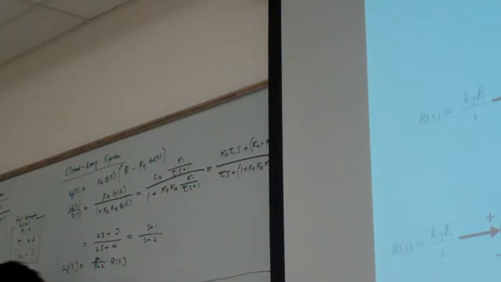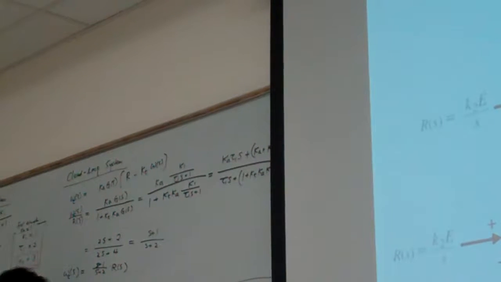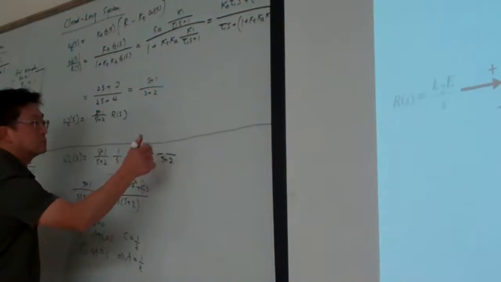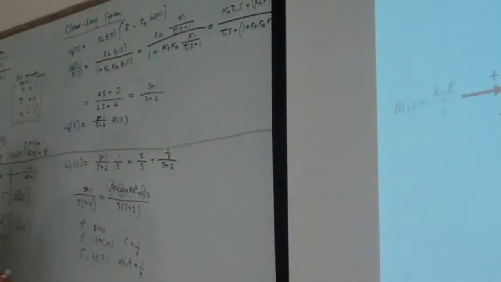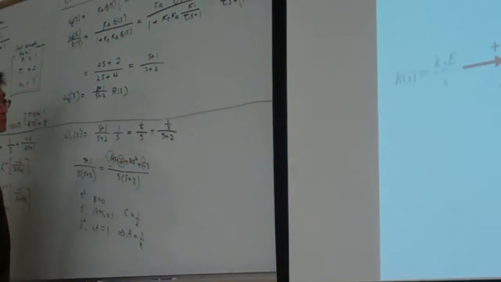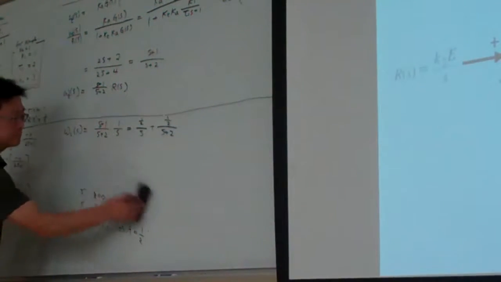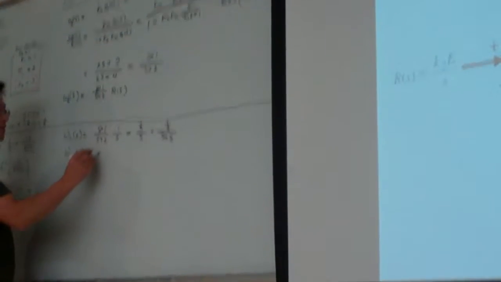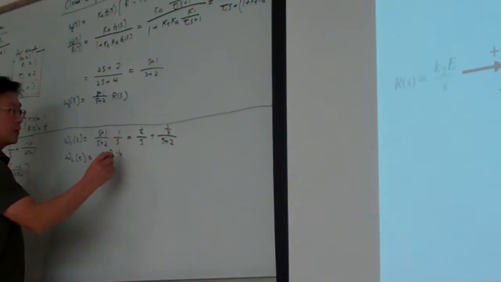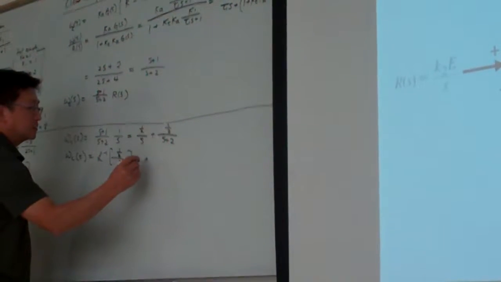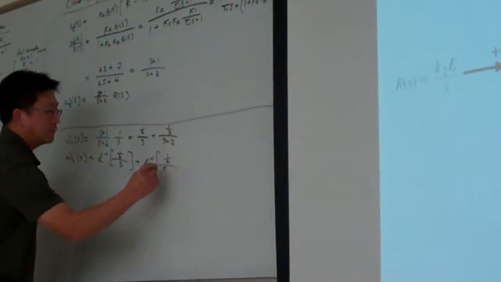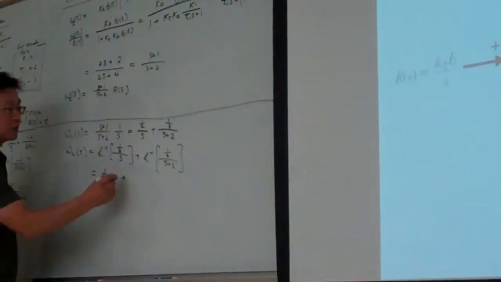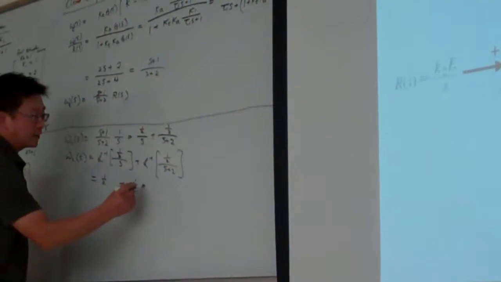So from here, A equals 1/2 and C equals 1/2. Therefore, omega C over T will be the inverse of 1/2 over s plus the inverse of 1/2 over (s plus 2). So this will be equal to 1/2 plus 1/2 e to the minus 2t.